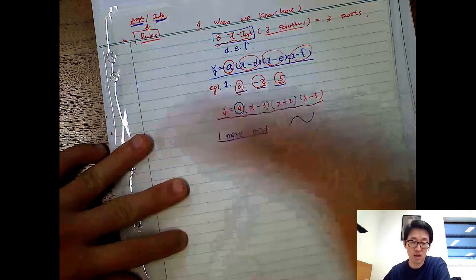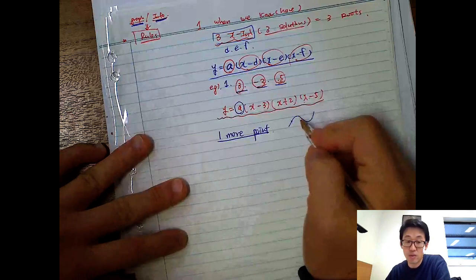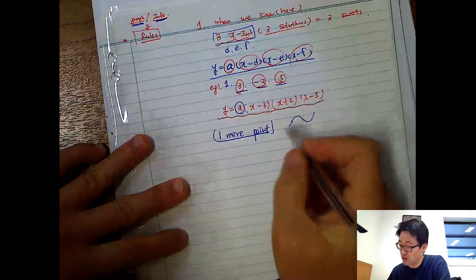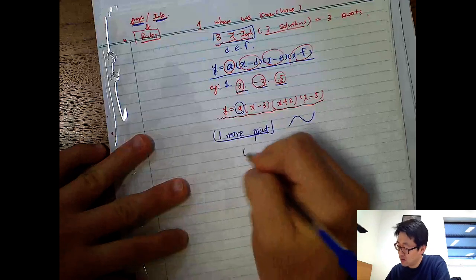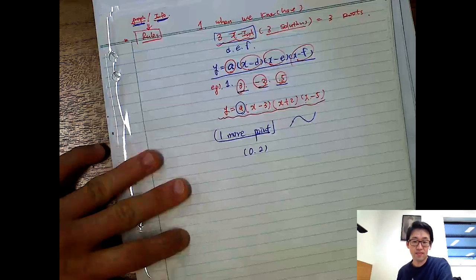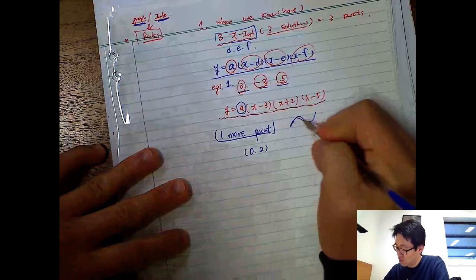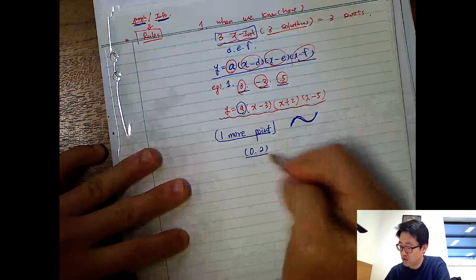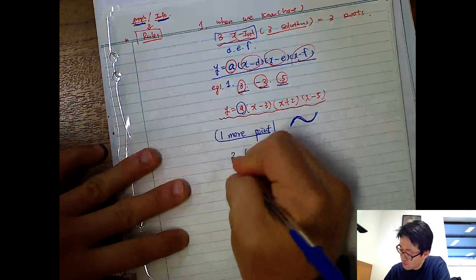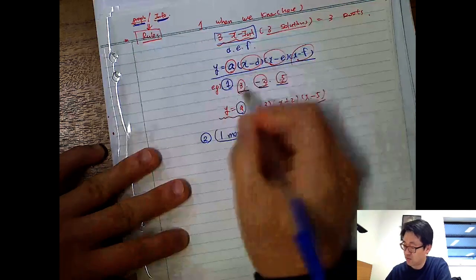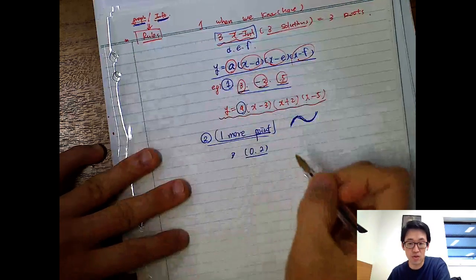Usually we've got the intercepts, but we will be given one more point. For example, let's say the cubic passes through (0, 2). So that is the second piece of information, the first information and the second information.